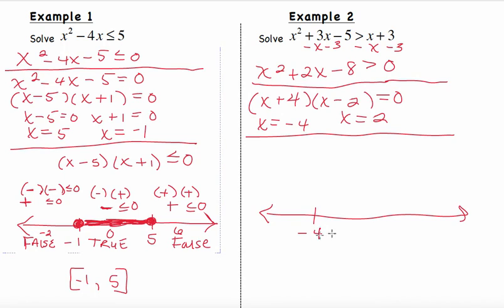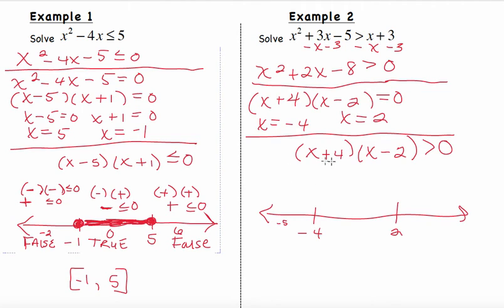-4 comes before 2. And then I'm going to write down the factored form of the quadratic and put my inequality symbol back in. Okay, so now we're going to take a test value in each region and substitute it back into our problem. Let's go ahead and start with trying a -5.